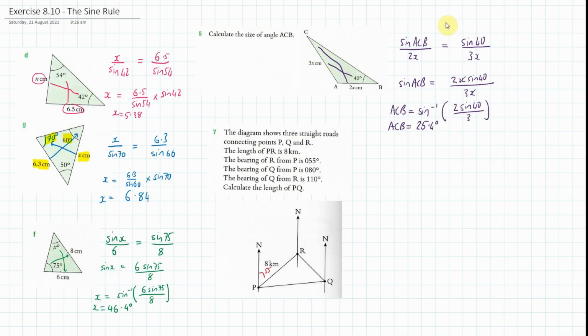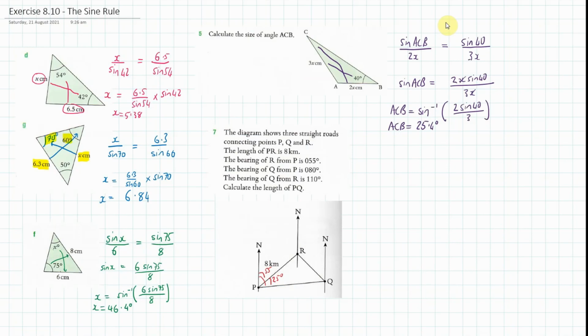And we know that the bearing of Q from P is 80 degrees. Okay, now if this whole thing is 80, then we know that this little bit here must be 25 degrees, because altogether that has to add up to 80.